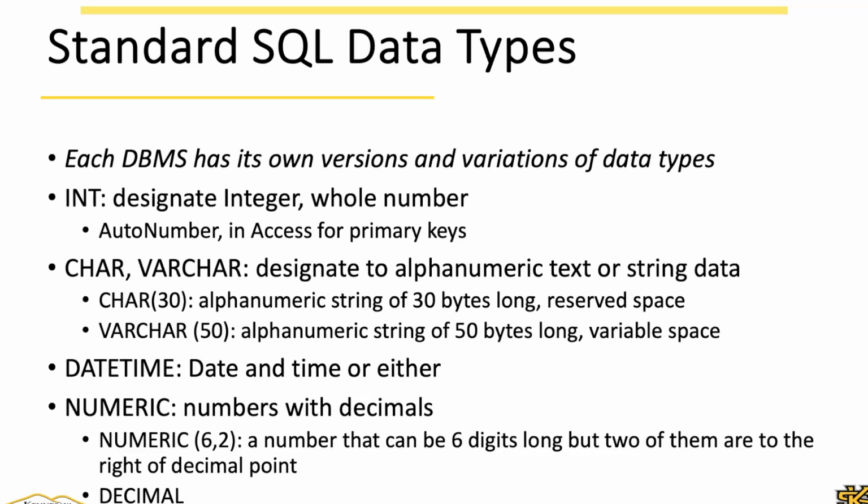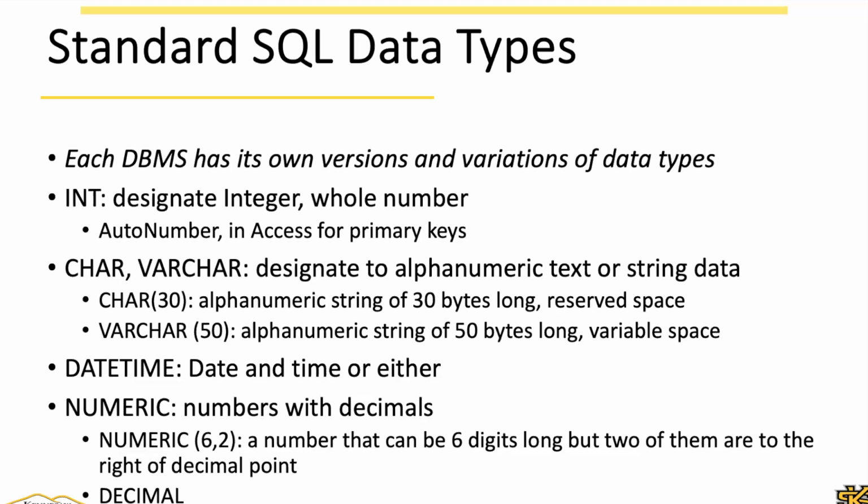CHAR and VARCHAR are used to represent alphanumeric string data. CHAR 30 refers to a fixed length alphanumeric string of 30 bytes, meaning it will always reserve 30 bytes of space regardless of the actual length of the string.